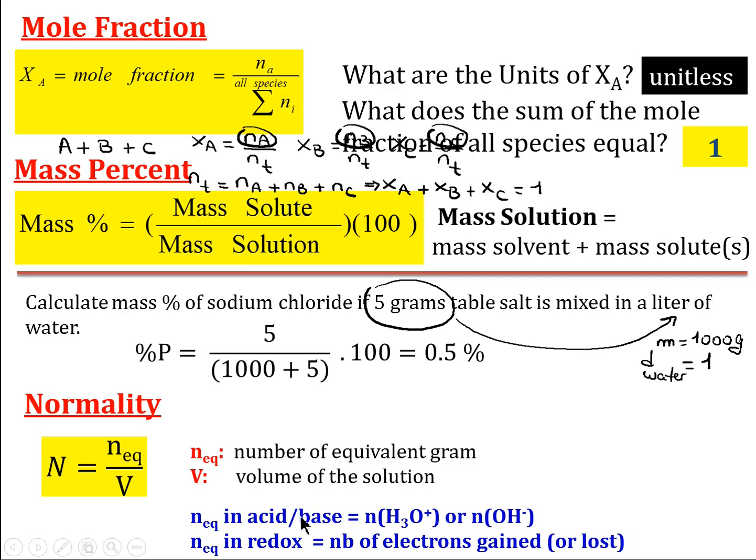And if you have a base in this solution, the number of equivalent is the number of moles of OH-. In case of the redox reactions, the number of equivalent for oxidant is the number of electrons gained, and the number of equivalent for reductant is the number of electrons lost.